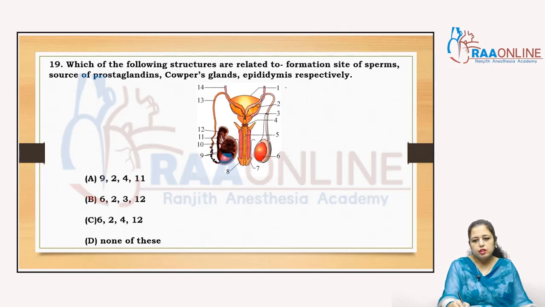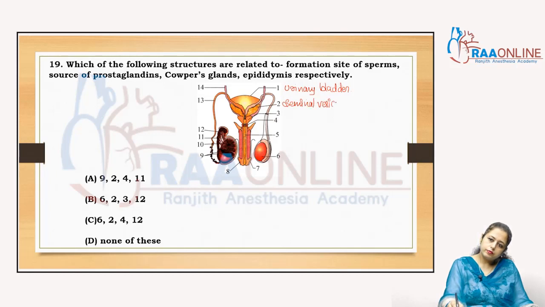First one is the urinary bladder. That 2 is the seminal vesicle. That third one is the prostate gland. That fourth one is the Cowper's gland, which is also known as the bulbo-urethral gland.